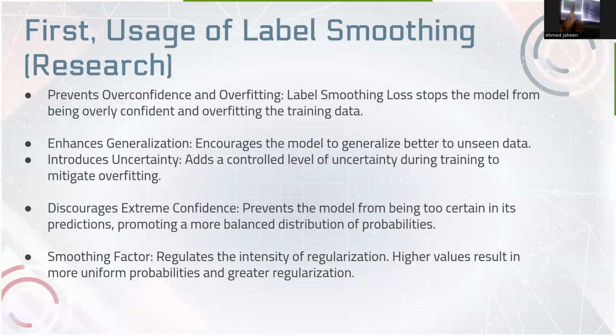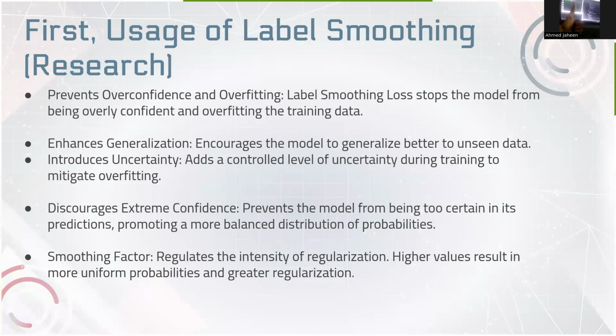Okay, first we researched the label smoothing usage, which does some useful things: it prevents overconfidence and overfitting, and it enhanced the generalization. It introduced uncertainty and discouraged extreme confidence, which prevents the model from being too certain, using a smoothing factor.